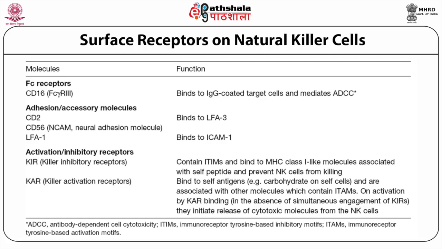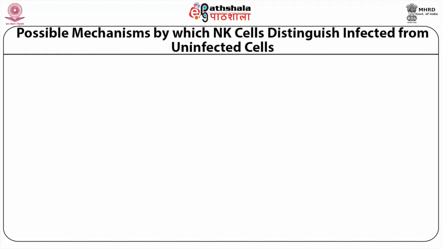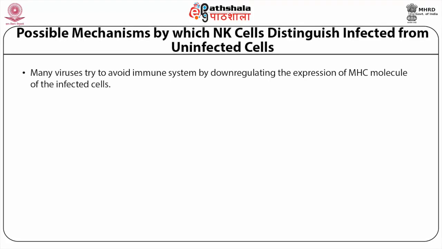Many viruses try to avoid the immune system by downregulating the expression of MHC molecules of the infected cells. How and why this may work will be clearer only when we discuss MHC molecules in a later module. NK cells detect this via KIRs and kill such infected cells.